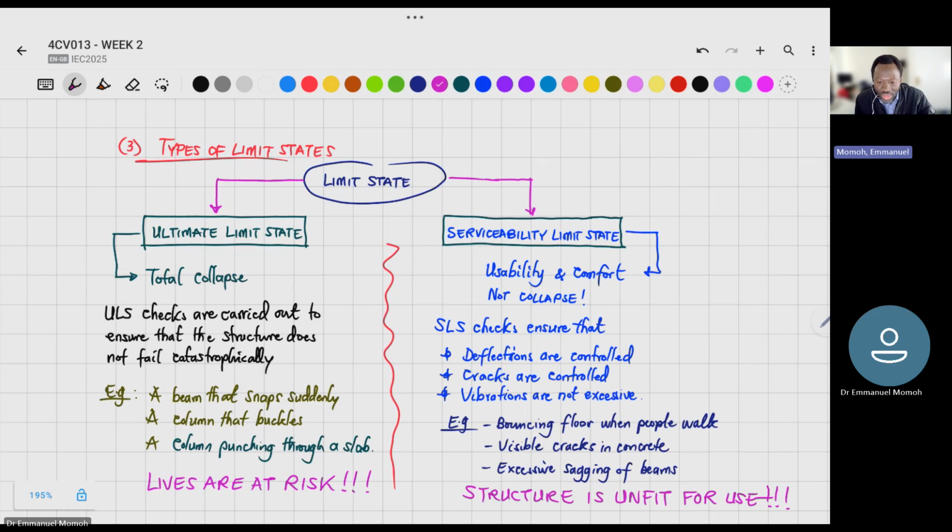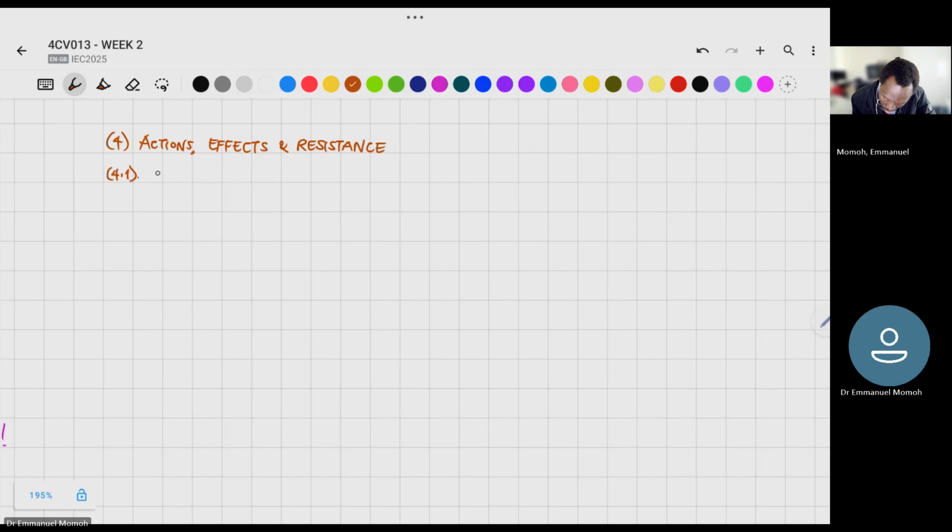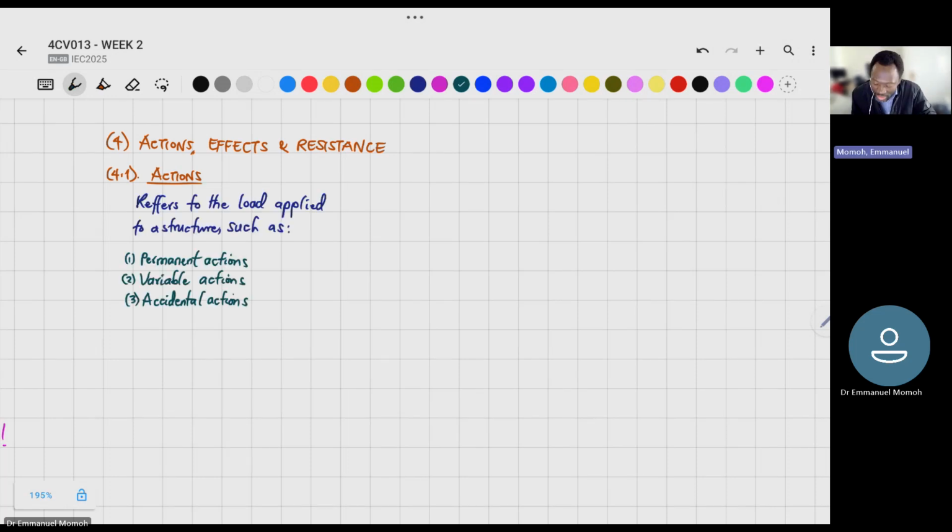So we will move next on to actions, effects, and resistance. An action is a load that is applied to the structure, such as permanent actions, variable actions, and accidental actions. An example of a permanent action is the self-weight of the structure.